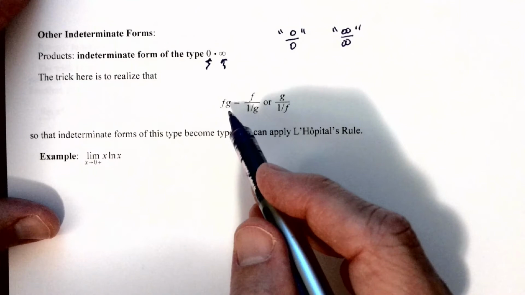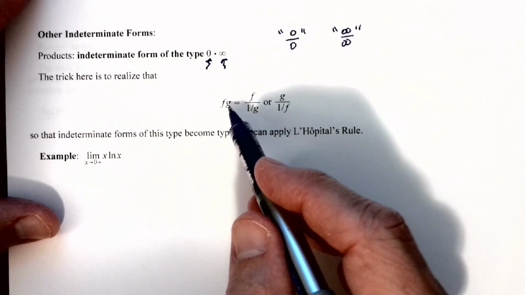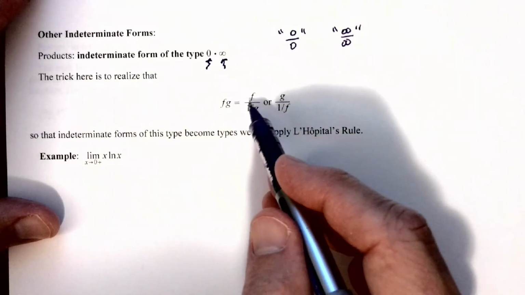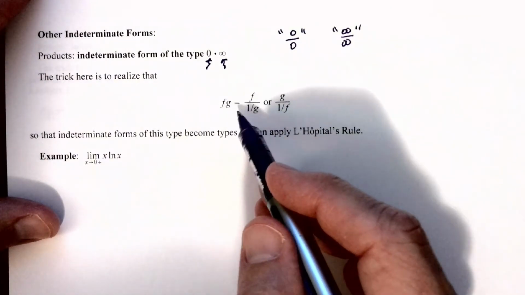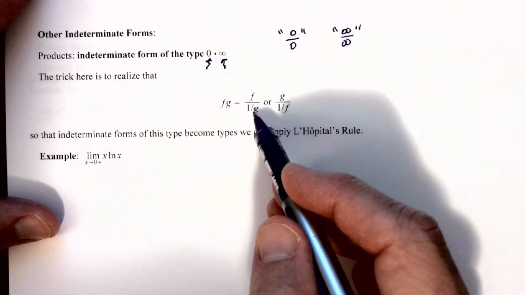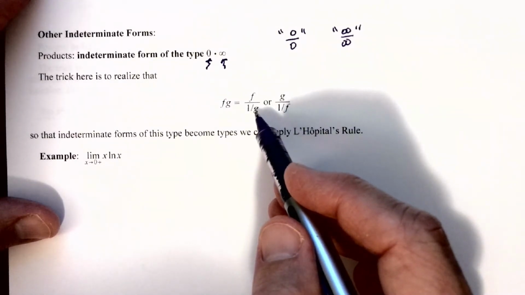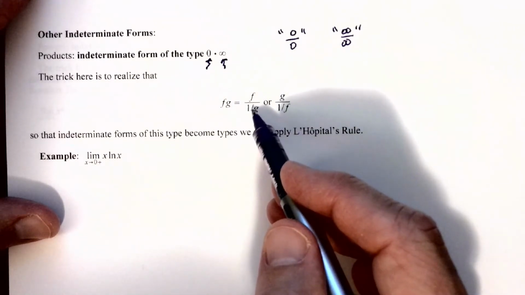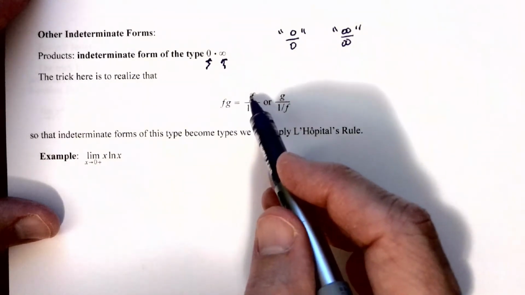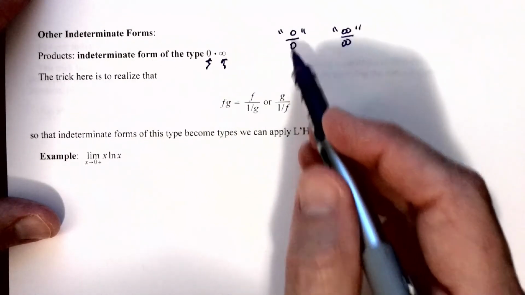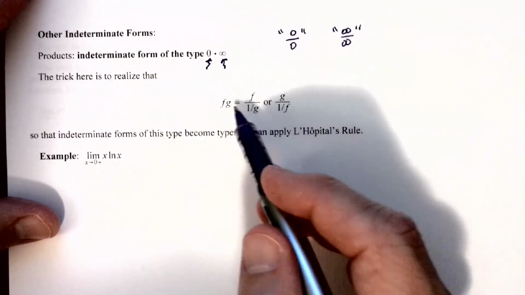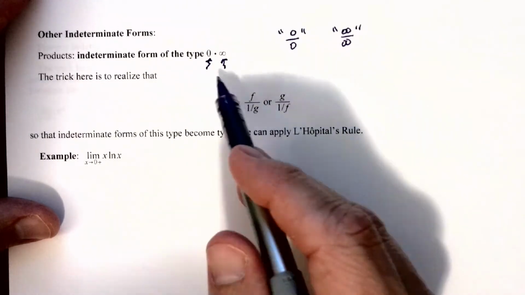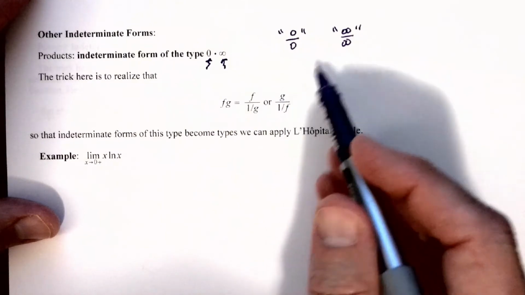So I can rewrite f times g as f divided by 1 over g. These are equivalent expressions. In other words, multiplying by g is the same as dividing by 1 over g, the reciprocal. But when I do this, if g were going to infinity, 1 over g would be going to 0. So if f is going to 0, this would be the 0 over 0 form. On the other hand, in this form, if I divide by the reciprocal of f, 1 over f, if f is going to 0, 1 over f is going to infinity, and I'm in the infinity over infinity form.